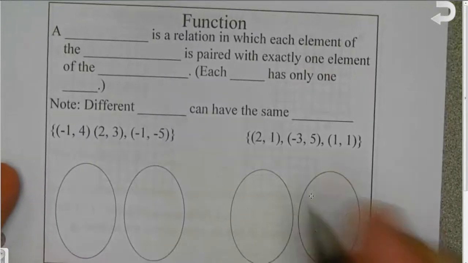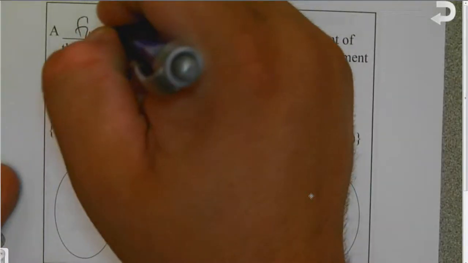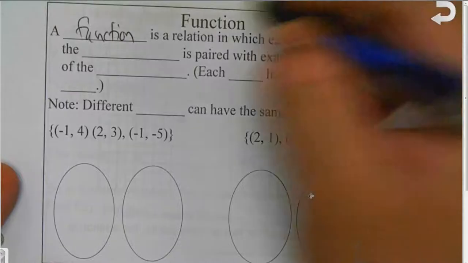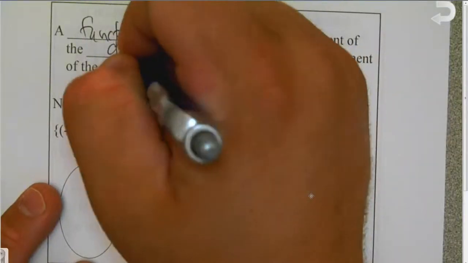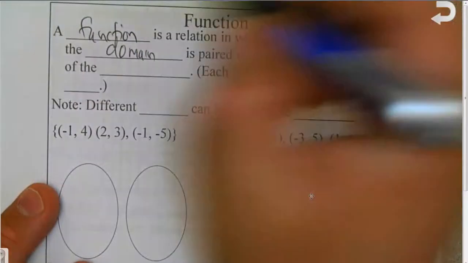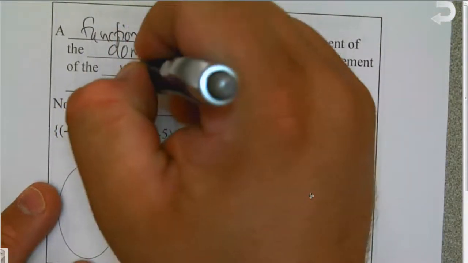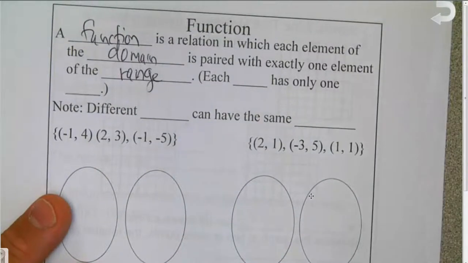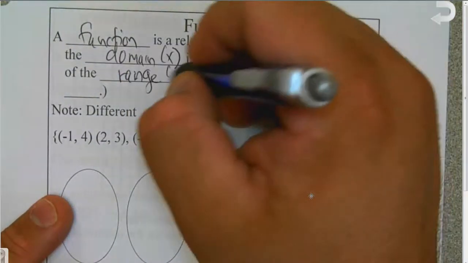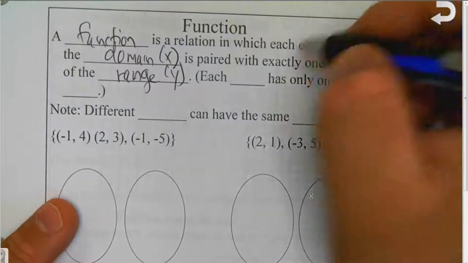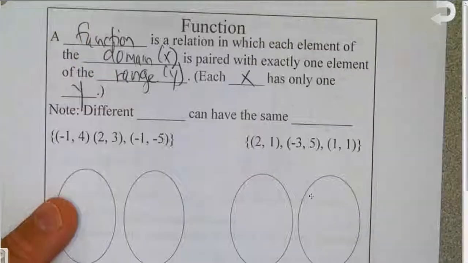A function is a relationship in which each element of the domain is paired with one element of the range. Hopefully you remember from Algebra 1 Part 1, domain is your x values and range is your y's. So each x has only one y.